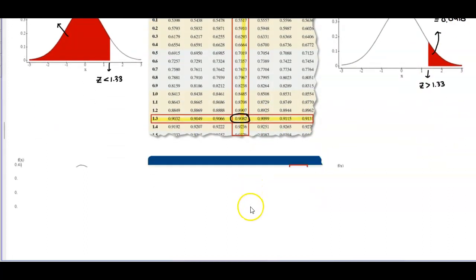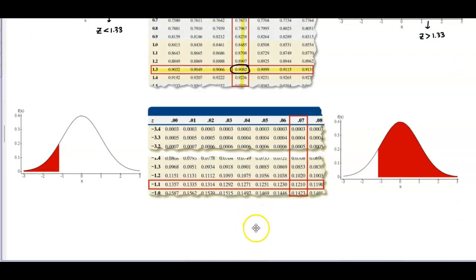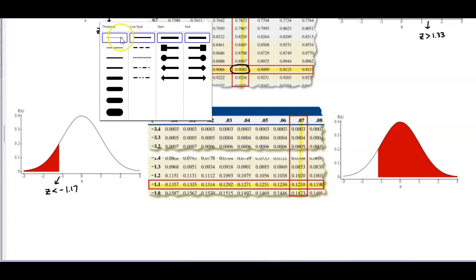Now, let's take a look at another z-score. Okay, let's take a look at a negative z-score. In this case here, this is going to be the z-score where it's going to be less than negative 1.17. So let's take a look. So this is negative 1.1, and then we're going to come down to 0.07, and then you can see what that area is going to represent.